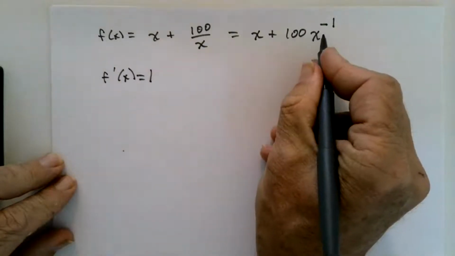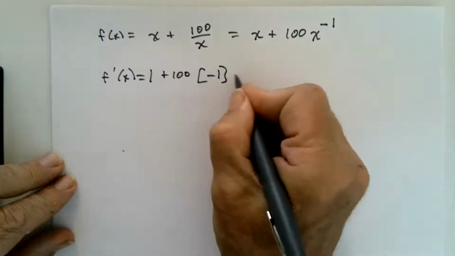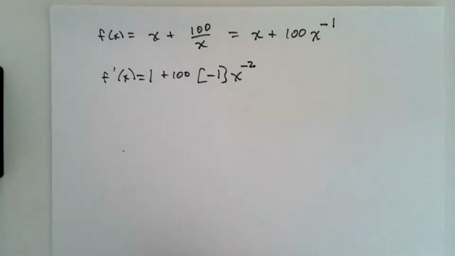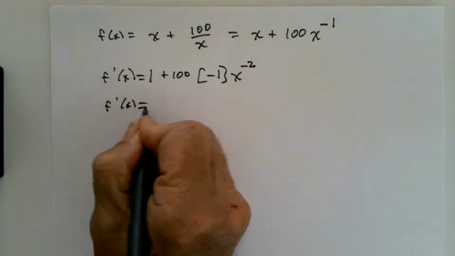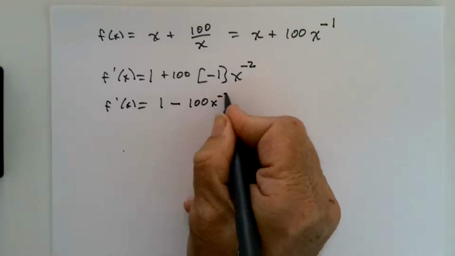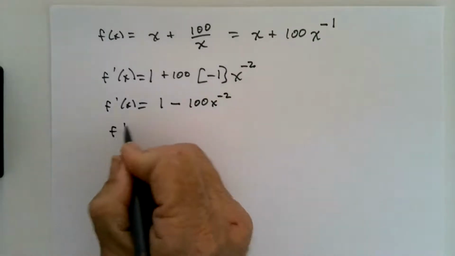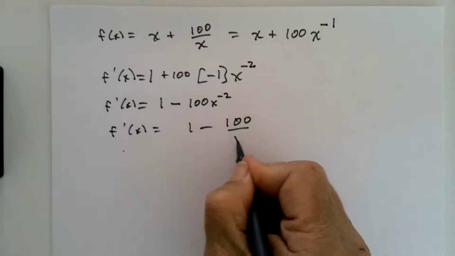The derivative of 100x to the negative 1 is 100 times negative 1 x to the negative 2. So I get f prime of x is 1 minus 100 x to the negative 2, or f prime of x is 1 minus 100 over x squared.